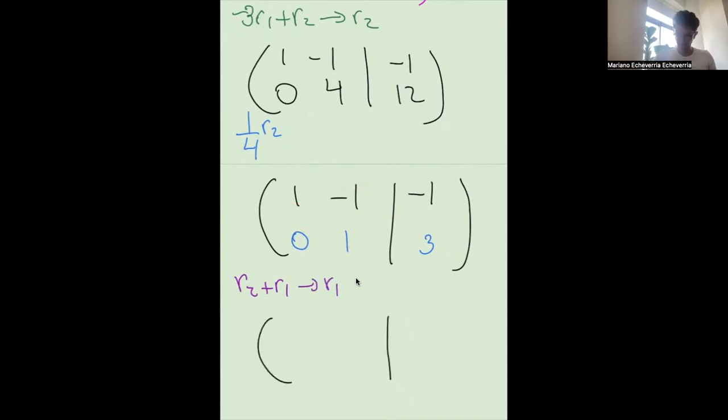Is that okay? So now nothing is happening with the second row, and let me just write all the details for this operation. So we're doing 2, 1, 3.